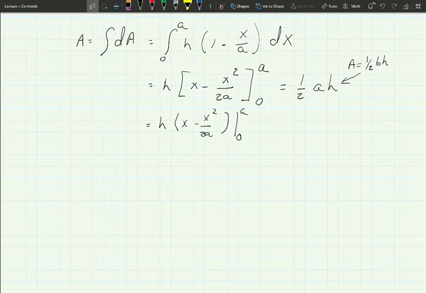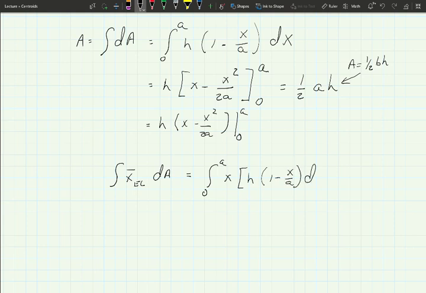Now we need to find the integral of x bar L dA, and that's going to be equal to the integral from 0 to a of x times h times 1 minus x over a dx, close parentheses.